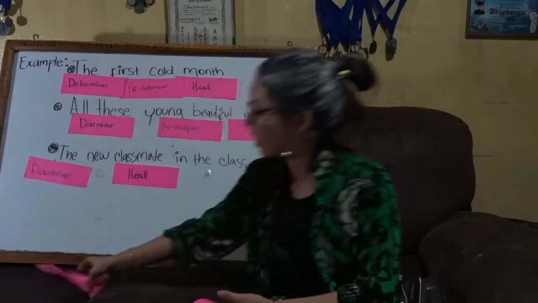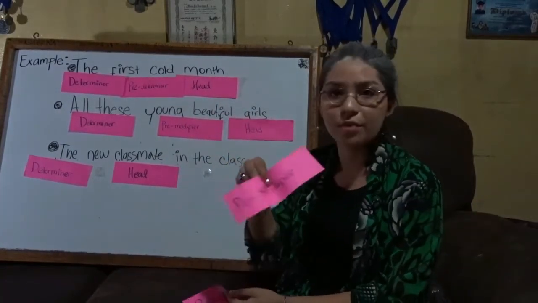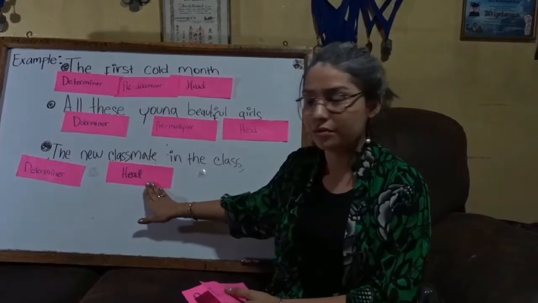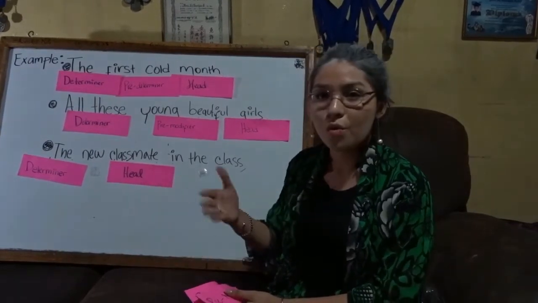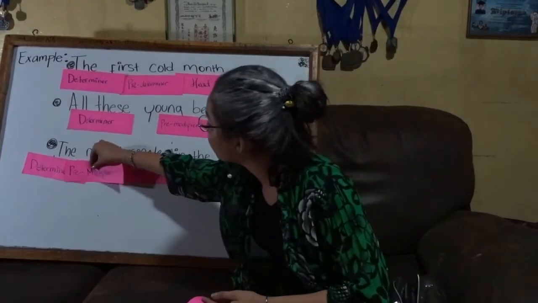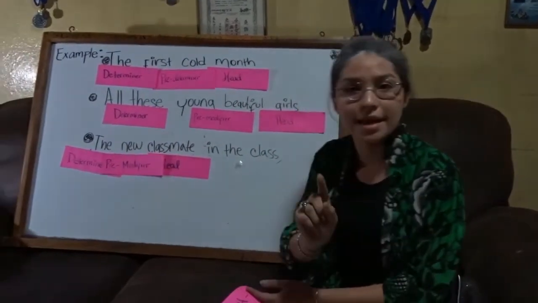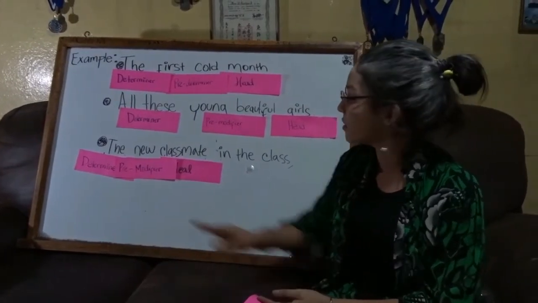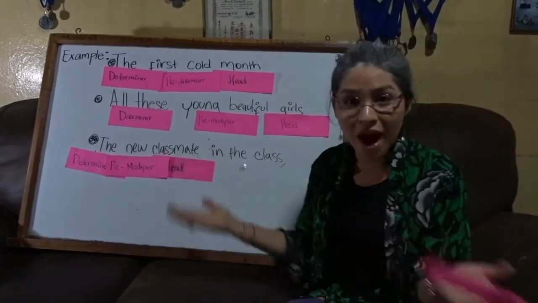And then we also have the premodifier. We have the head here right now. So, where is the premodifier? The premodifier is over there. In this case, in this sentence, the premodifier is new. Why?